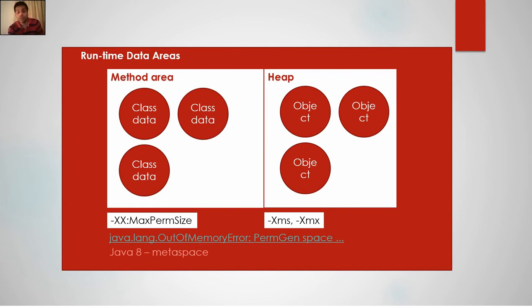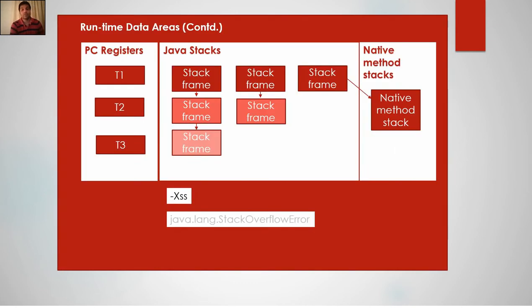So you can tune it using your parameters and adjust it as the application needs. So let's go ahead and look at the other runtime data areas. That is 3 more. So first one is the PC register. Second one is Java stacks and native method stacks.